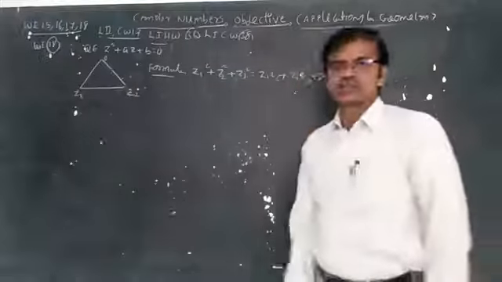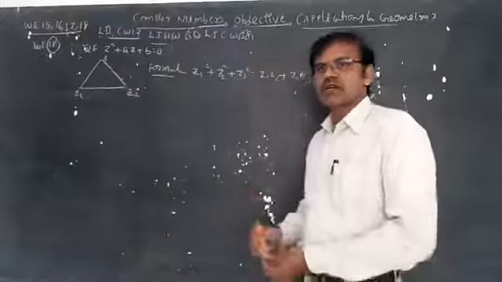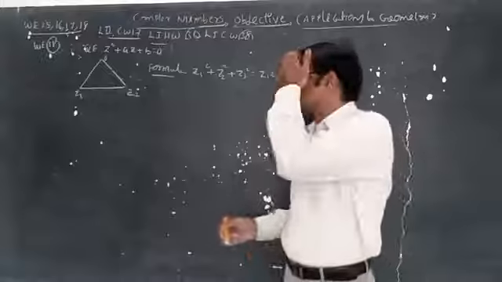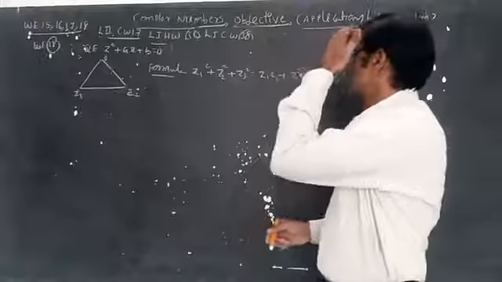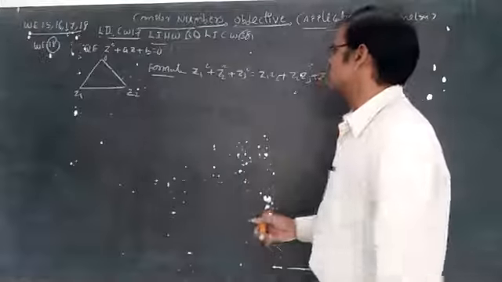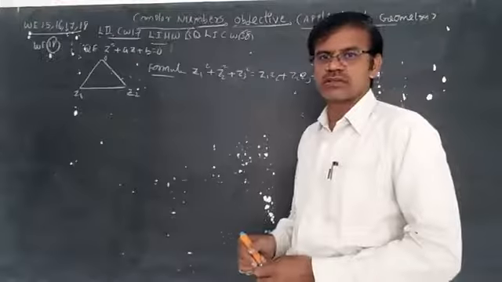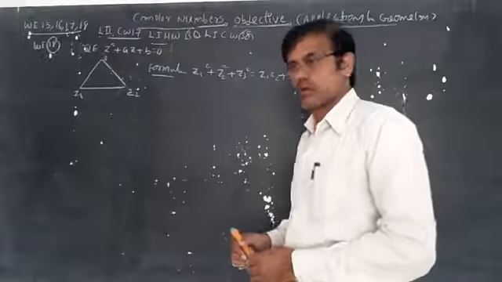Whenever Z1, Z2, Z3 are vertices of an equilateral triangle, we can say that this formula holds.